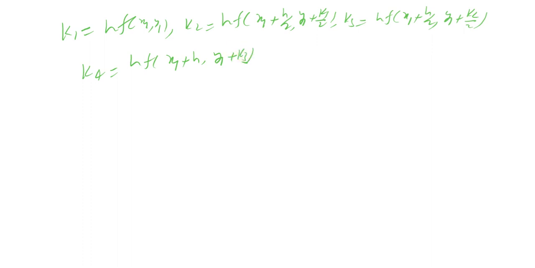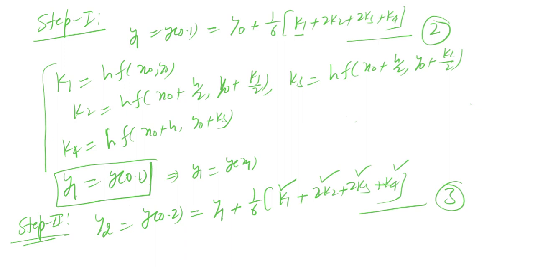Substitute the values of k1, k2, k3, k4 as well as y1 in equation 3. Then we obtain the value of y at x = 0.2, an approximate solution for the given initial value problem.